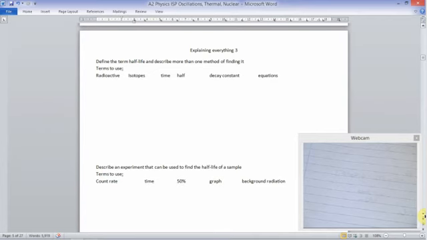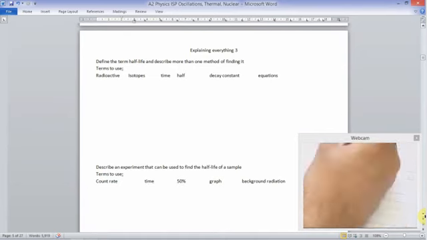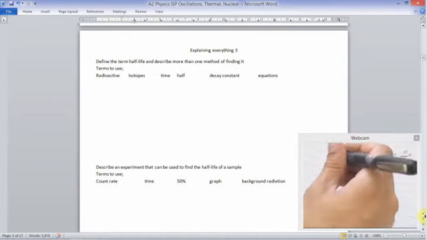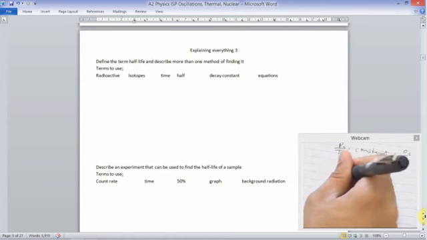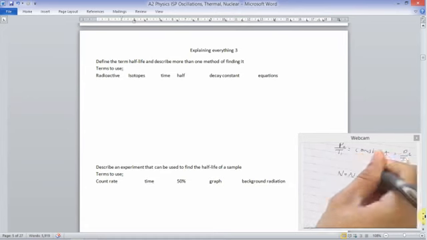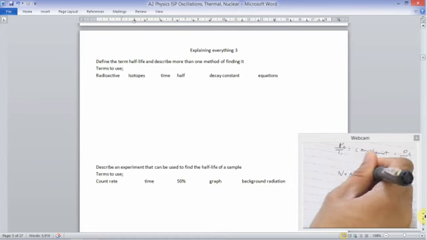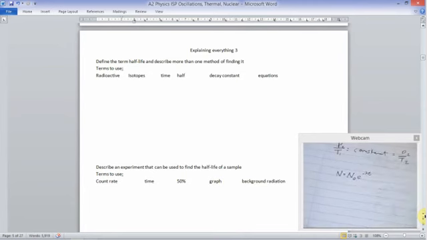Or it could be the count rate instead of the number of radioactive isotopes. Methods of finding it, what is the equations? So there's N is equal to N naught e to the minus lambda t, where lambda is a decay constant.